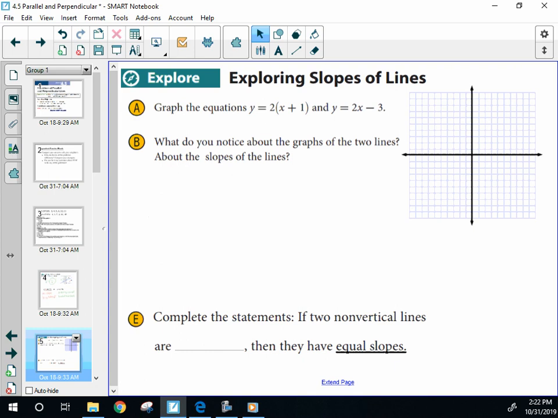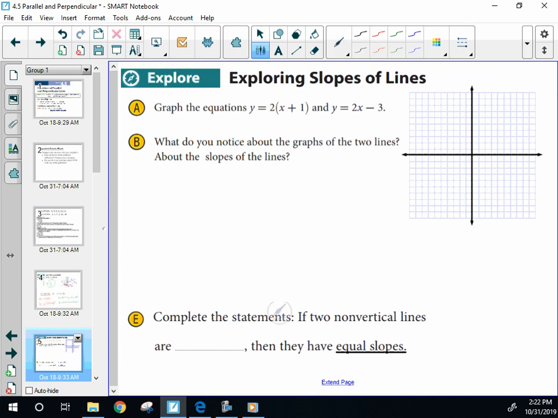So what I want you to do right now, on your own here quickly, is go ahead and graph. Exploring the slopes of lines. Part A, graph the equations y equals 2 times the quantity 2x plus 1, and the line y equals 2x minus 3. Go ahead and graph both of those.